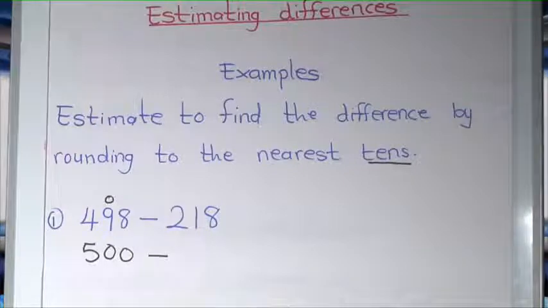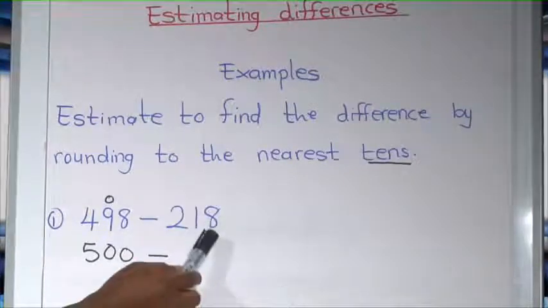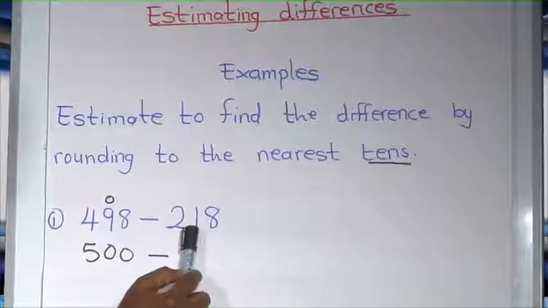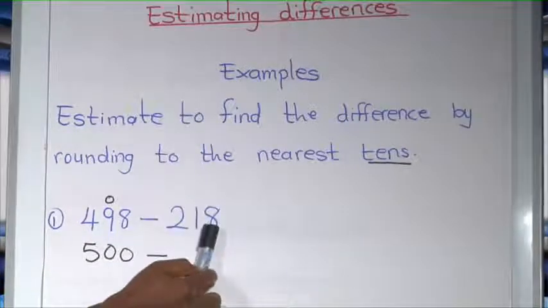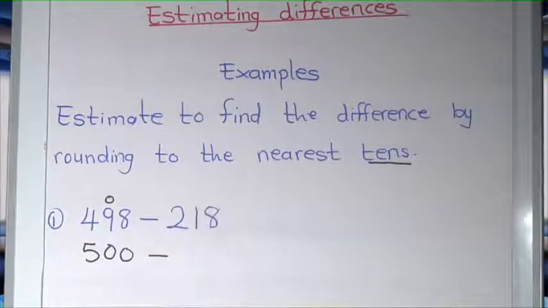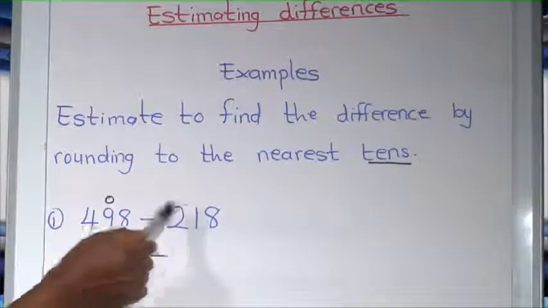218 to the nearest 10. So we will go right to the next door. What is there? The 8 at the ones or the units place. It is more than 5. So we add 1 to this one, making 2.